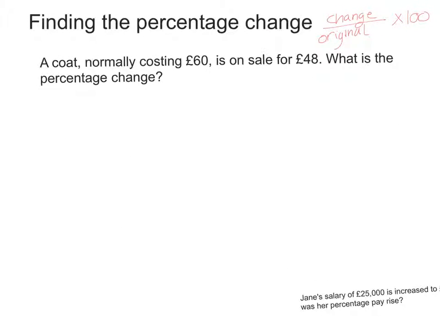Now, if we look at this example, so a coat normally costing £60 is on sale for 48. What is the percentage change? Now, the amount that it's changed by is £12 because it's gone from 60 down to 48, so that's a £12 decrease. We do that over the original amount. Now, the original amount was the 60. It normally costs 60. And I times that by my 100.